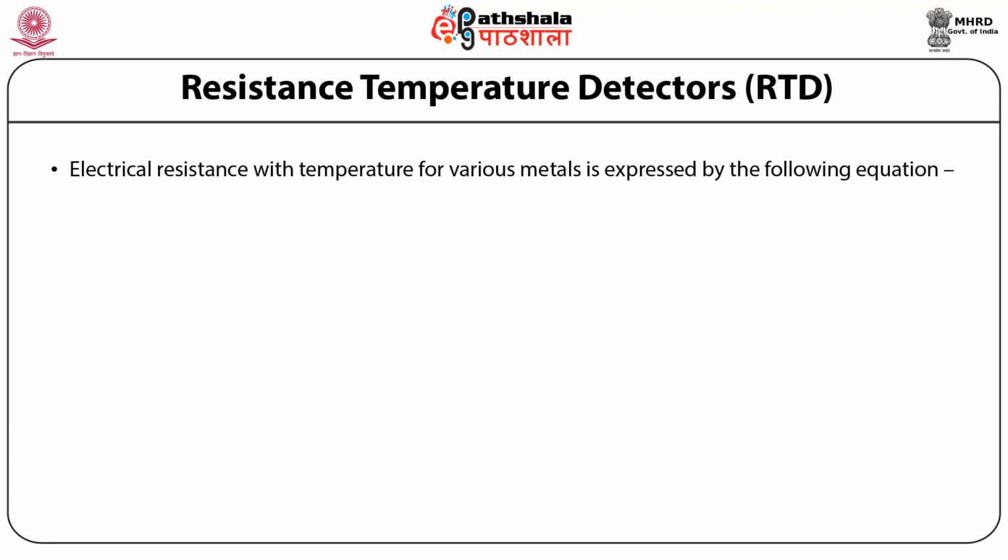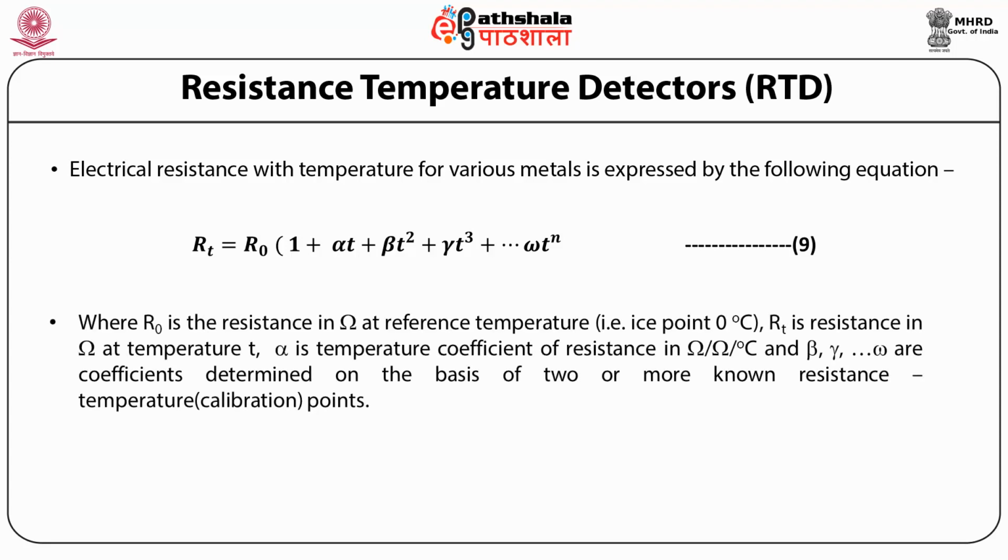Electrical resistance with temperature for various metals is expressed by the following equation. RT equals R0 multiplied with (1 plus αT plus βT² plus γT³ plus ωTⁿ). This is equation 9, where R0 is the resistance in ohms at the reference temperature point, that is the ice point of 0 degrees centigrade.